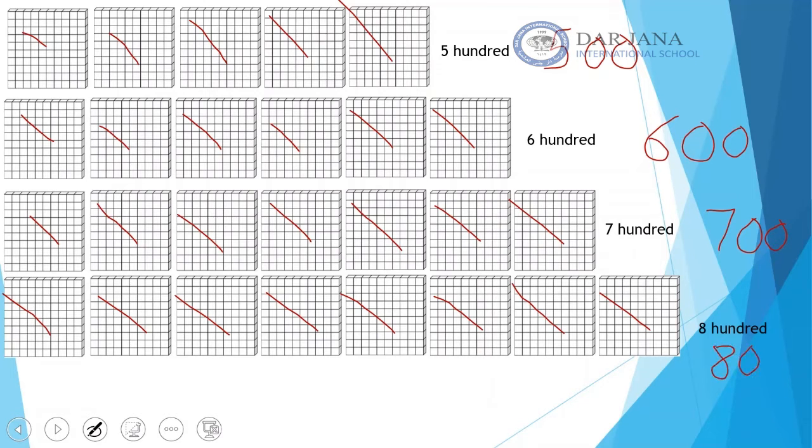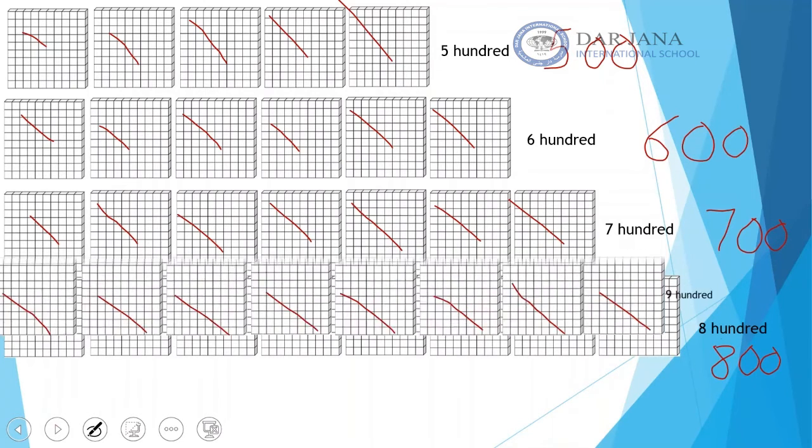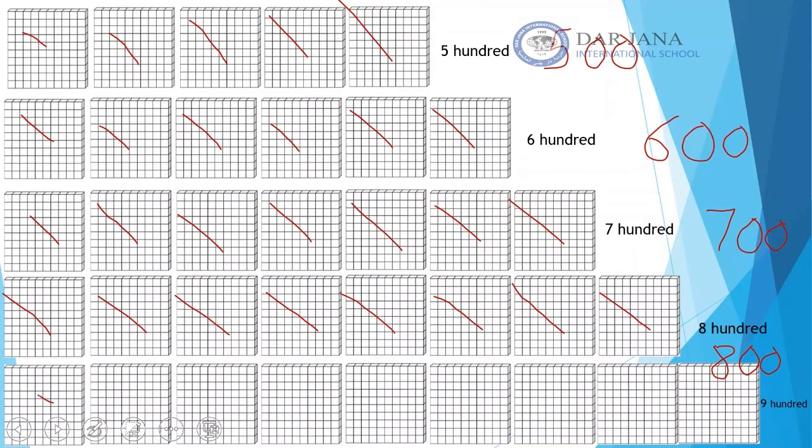So 800. And the last one. 1, 2, 3, 4, 5, 6, 7, 8, 9. So I will get 900.